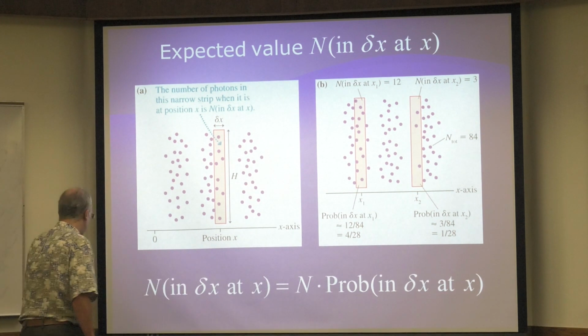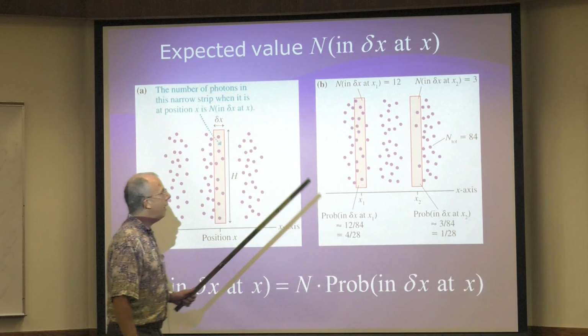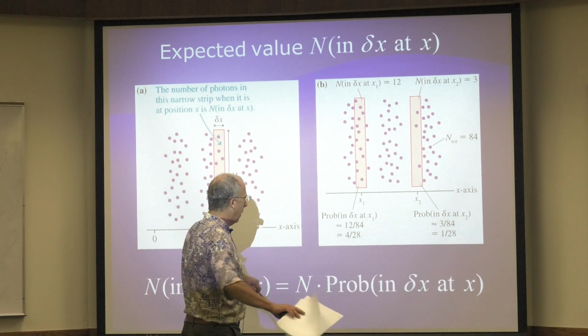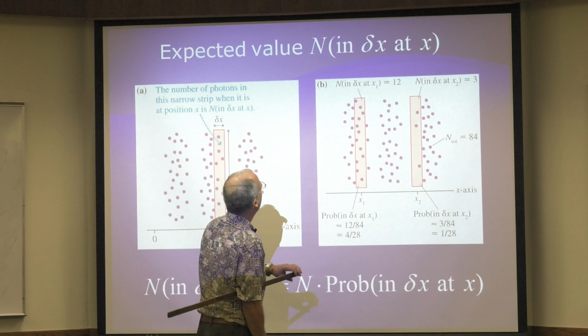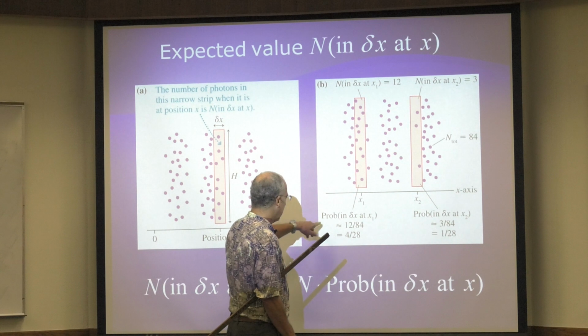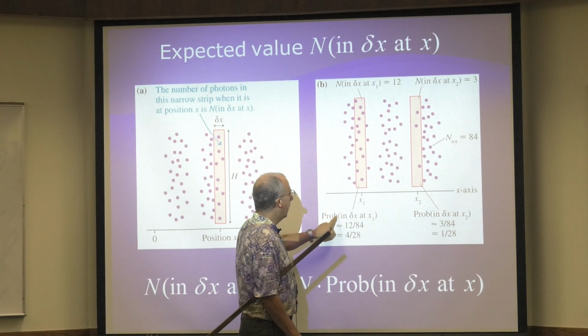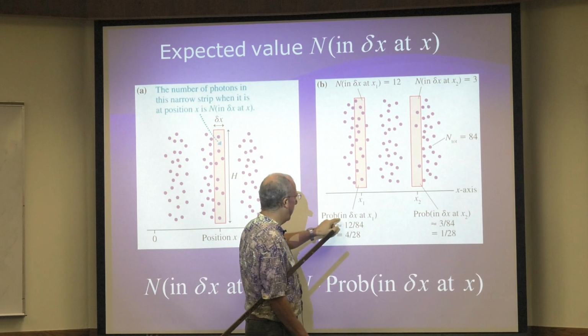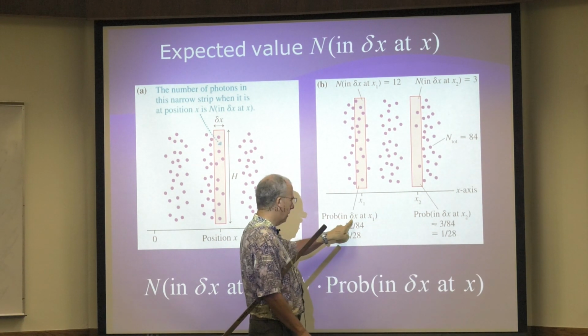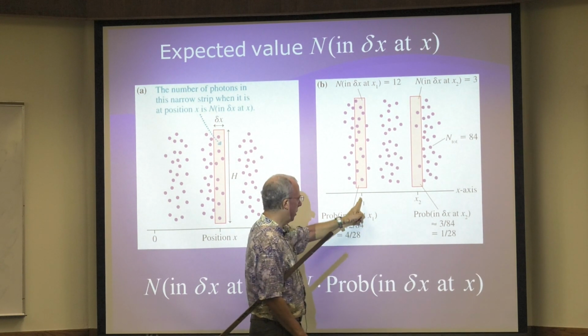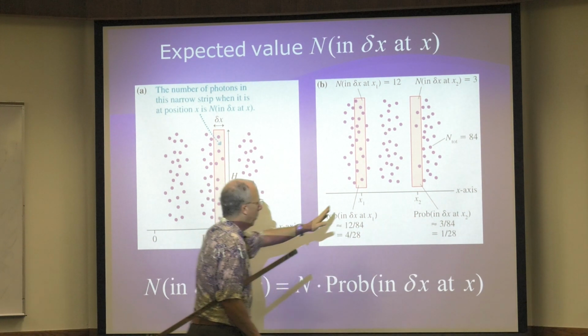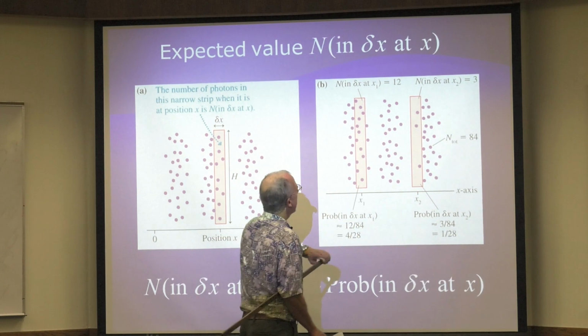So let's do some examples. Here we want to figure out the probability that a photon is going to land in this width, delta x, at this position, x1. So you go to x1, there's the width, and you count.